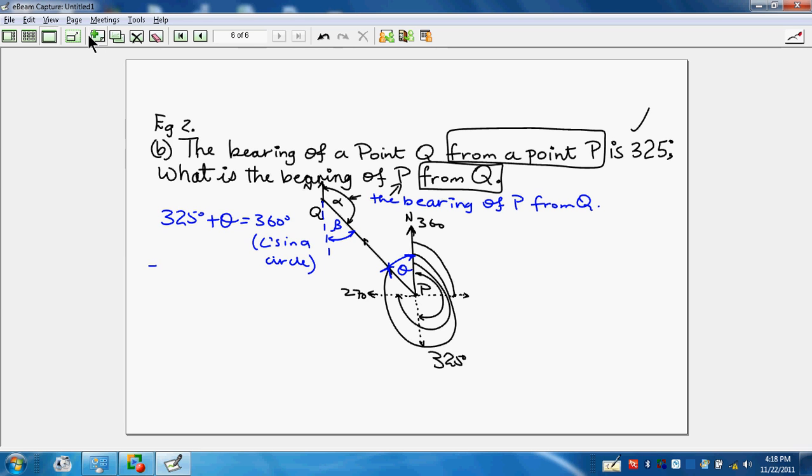So therefore, we could say that angle theta is equal to 360 minus 325. And therefore, angle theta will be equal to, and we can calculate that, 35 degrees.